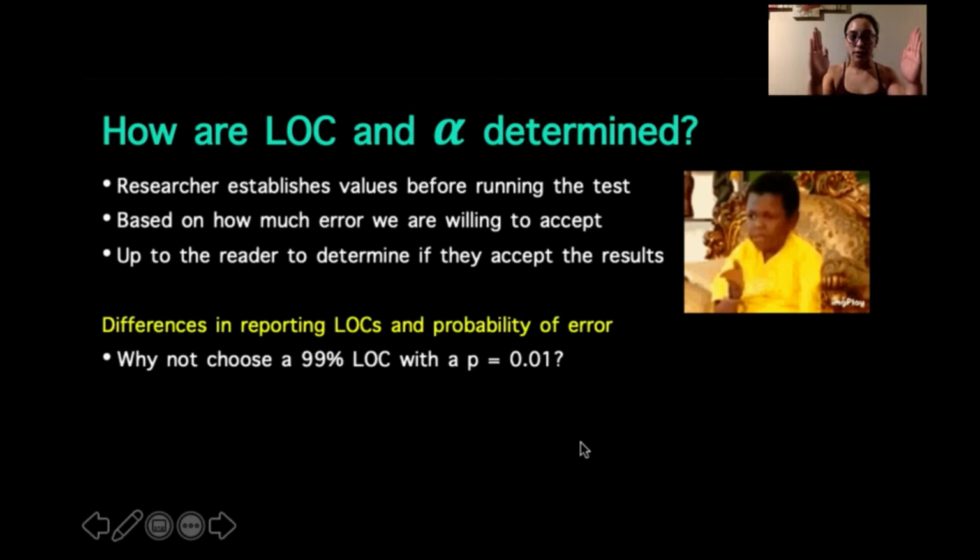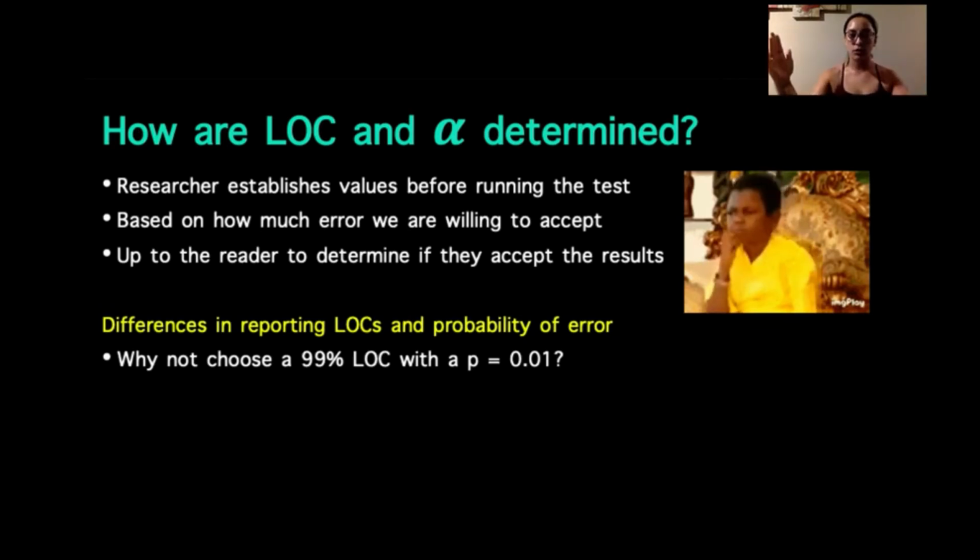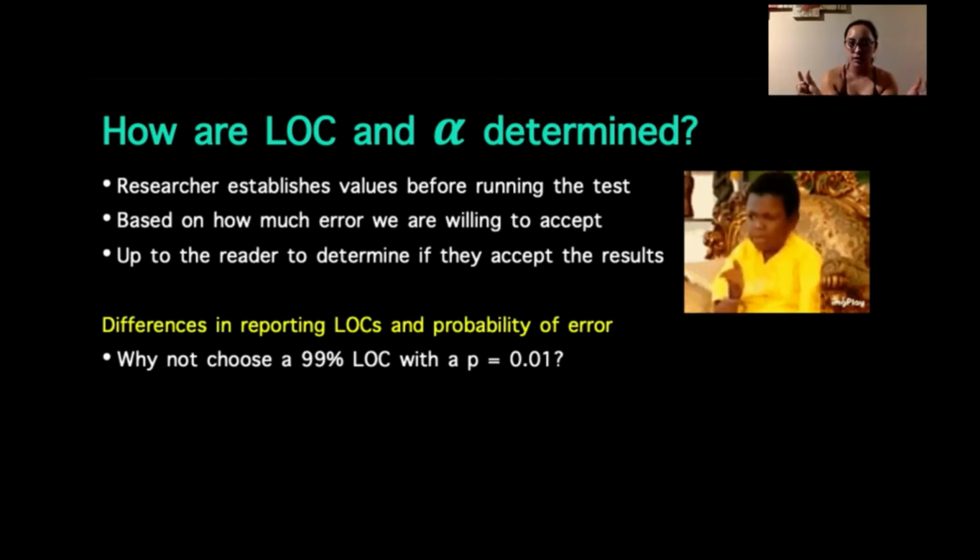If you think about how our confidence interval works, a 99% level of confidence is going to include a larger proportion of our distribution, right, with the regions of rejection kind of being on the end. So the larger we make our interval, the less precise it is, right?